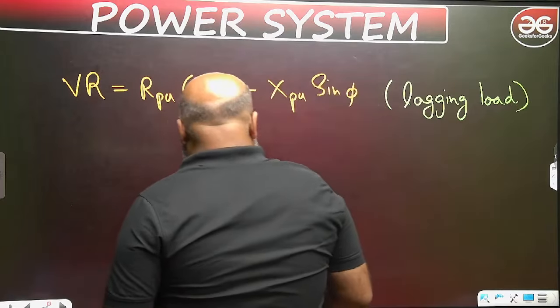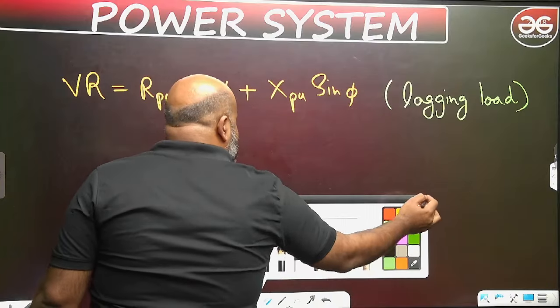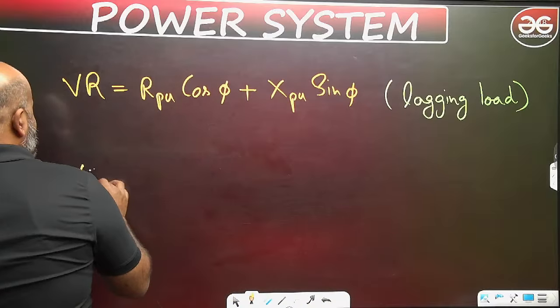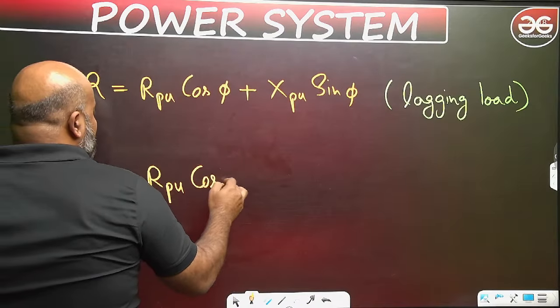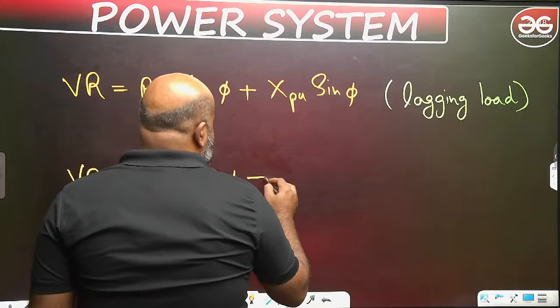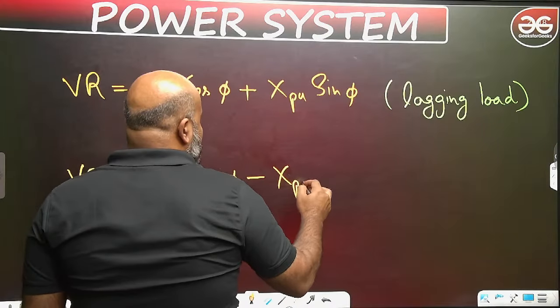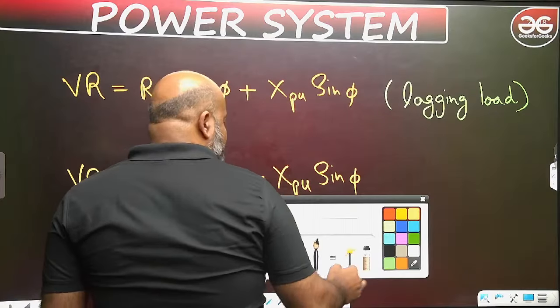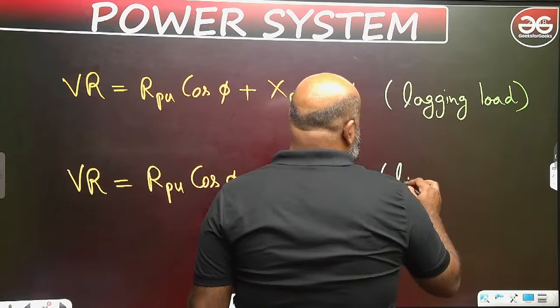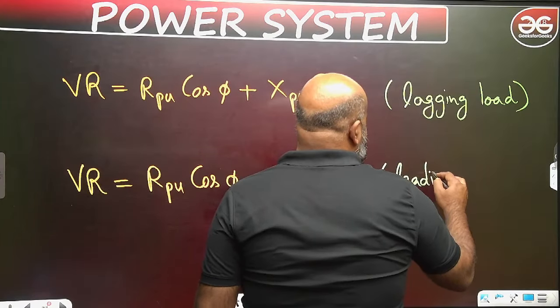If the load is leading, then the voltage regulation formula becomes R per unit cos phi minus X per unit sin phi. This is the formula for the leading load condition.